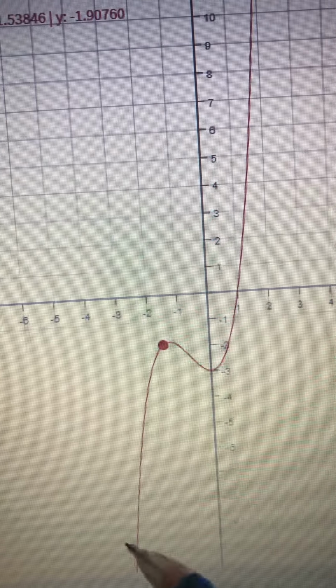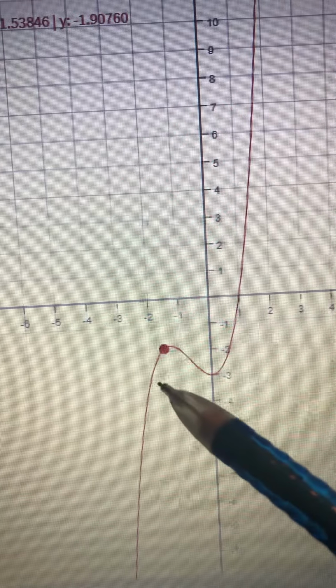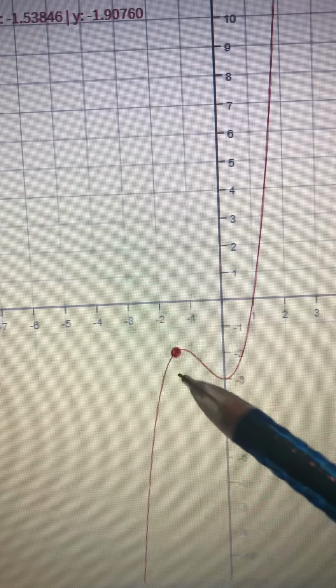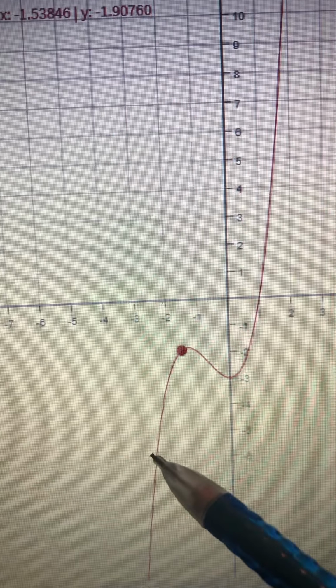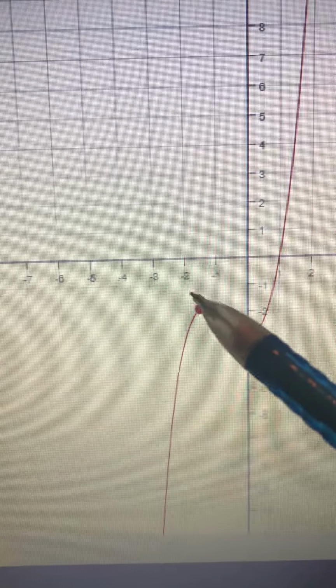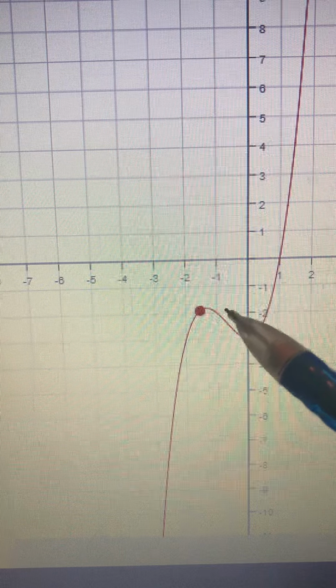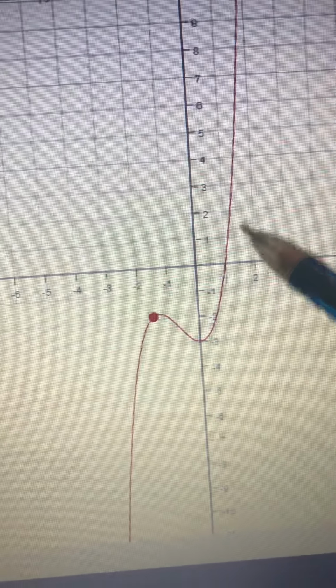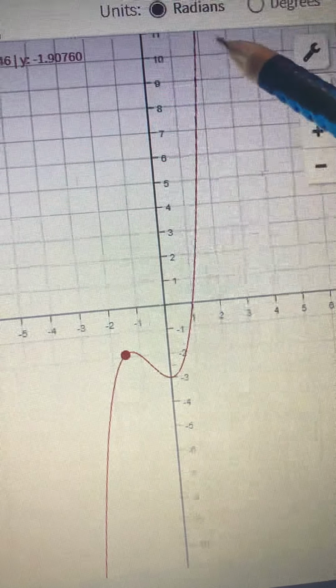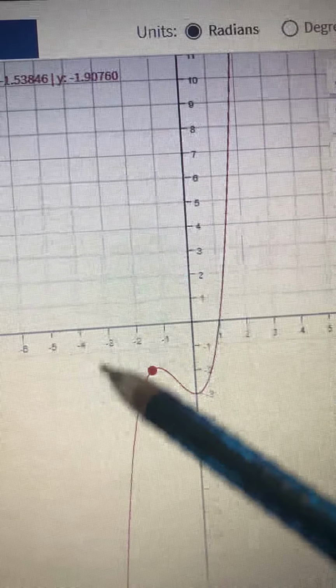So this fluctuates more than the other one, doesn't it? So the idea is, if you want to find the average rate of change from, let's say, x equals -1 to x equals 2, which is all the way up there, right?